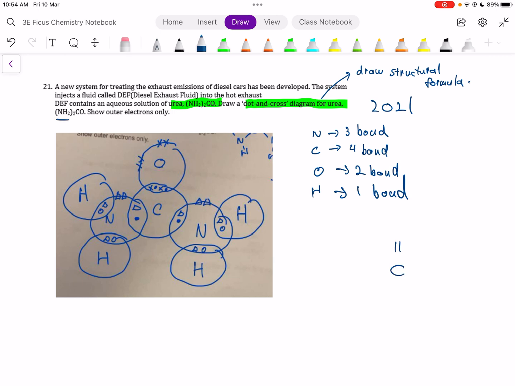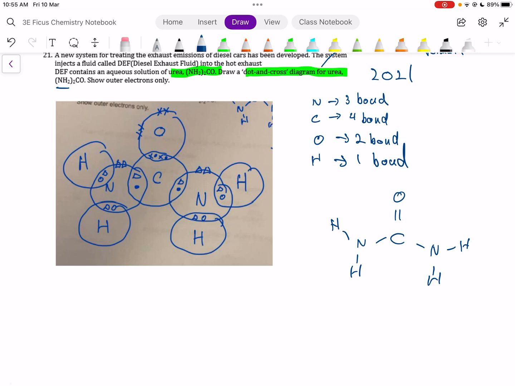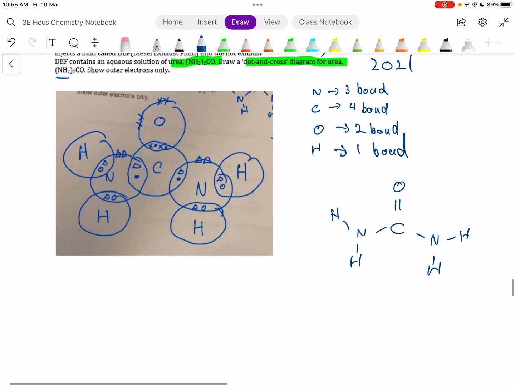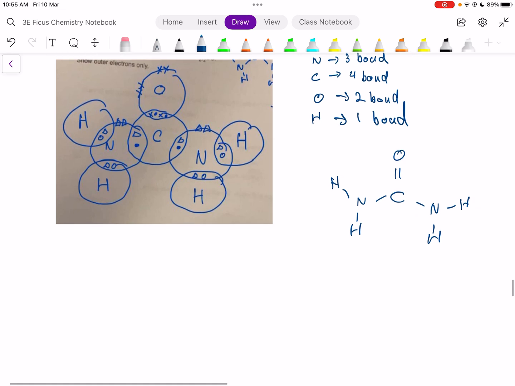So C in the middle, then with the 2 NH2 this way.